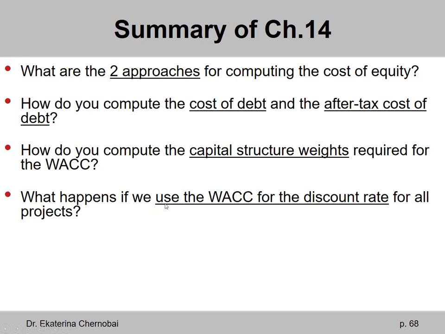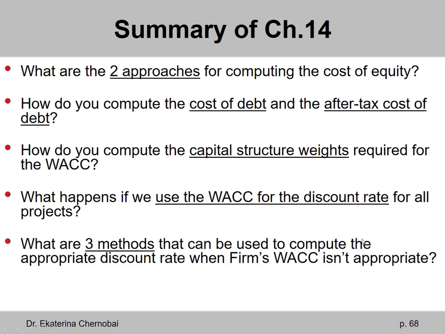We may be incorrectly accepting something that should be rejected, or incorrectly rejecting something that should be accepted. And that's because a firm's WACC can only be appropriate as the discount rate for a new investment project if the new investment project is similar in its risk level to the firm's existing projects.